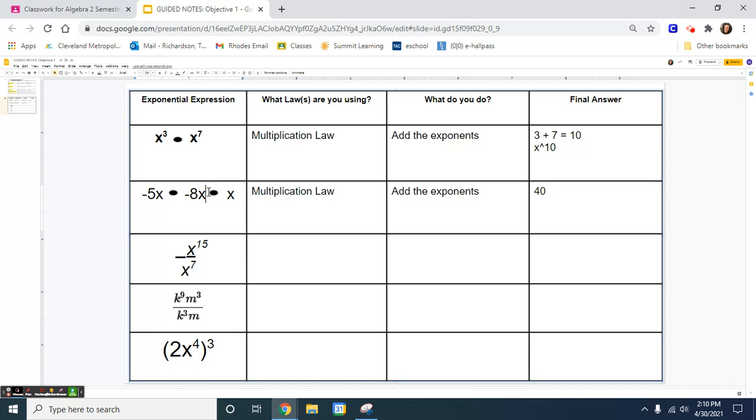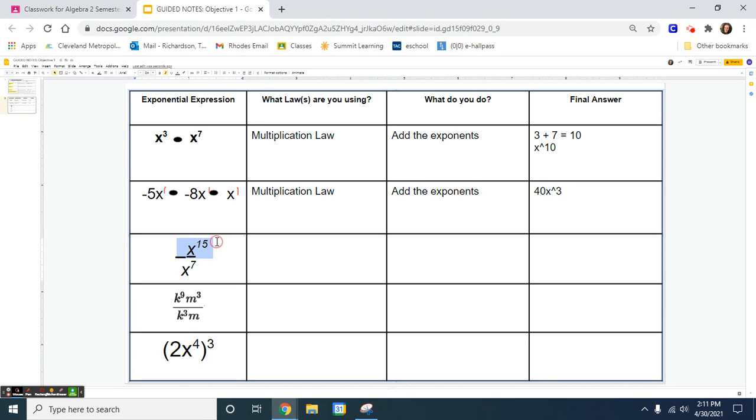If you do not see an exponent, you can always assume that there is an imaginary 1. Every variable, every letter is going to have an exponent. So if you don't see a number, you can assume it is 1. So we are going to do 1 plus 1 plus 1. Your final exponent is going to be 3. So it becomes 40x to the 3rd.